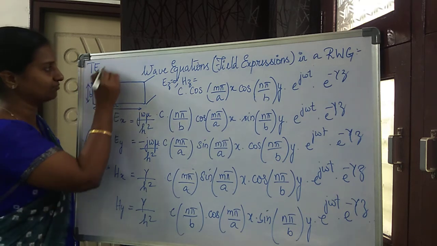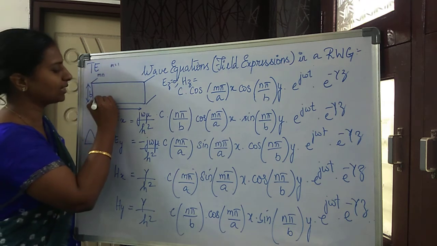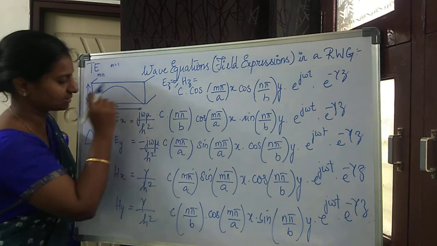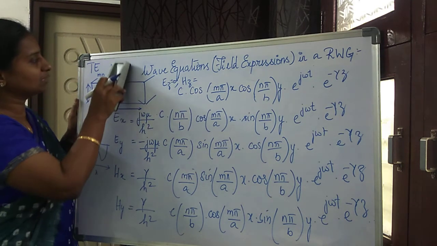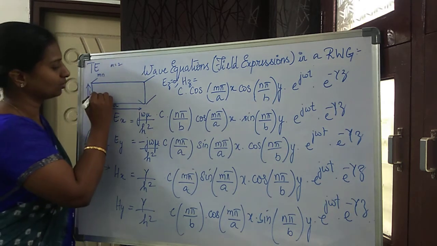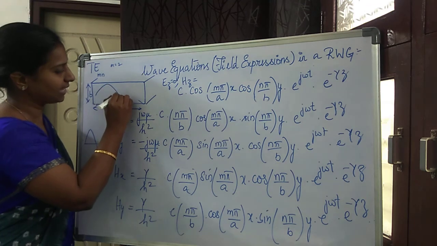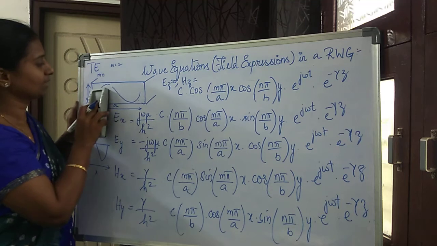So for example, if M is equal to 1, it means that 1 half wavelength is present along the A dimension. If M is equal to 2, then it means that a positive half wavelength and a negative half wavelength are present along the A dimension.